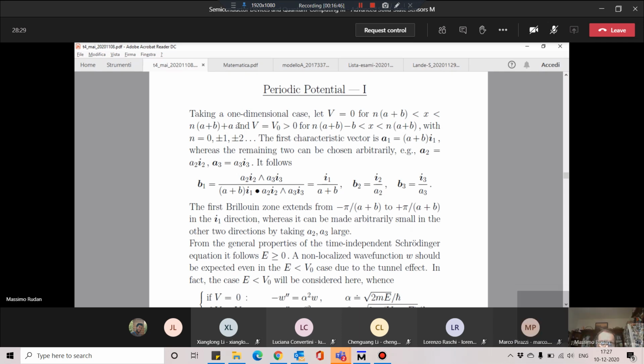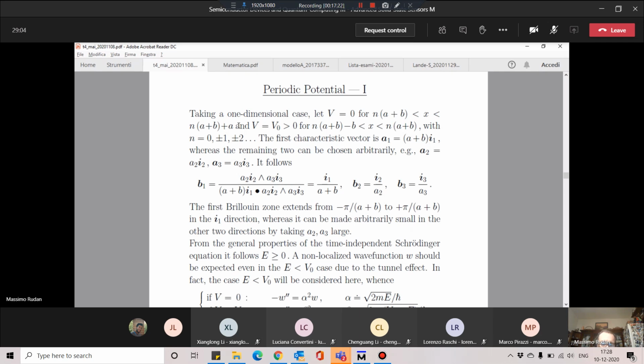So when we calculate b1, you remember b1 is the vector product of the other two vectors with different indices divided by the mixed product of the three vectors of the direct lattice. So we have a2 i2 wedge a3 i3, and then we divide by the mixed product.